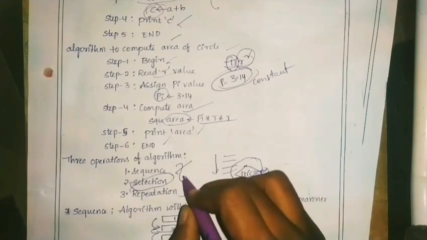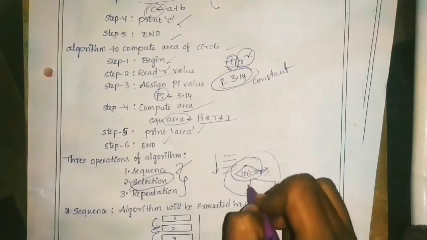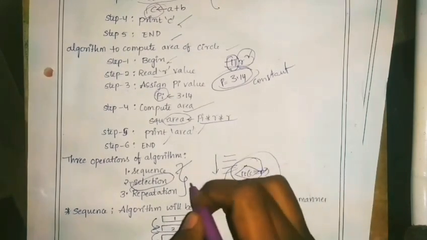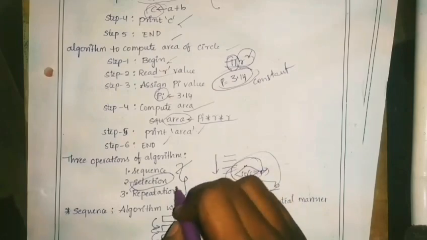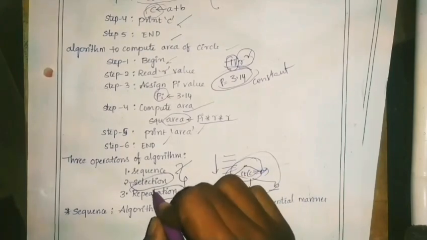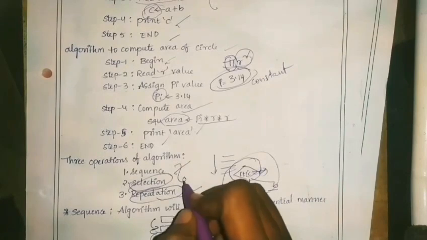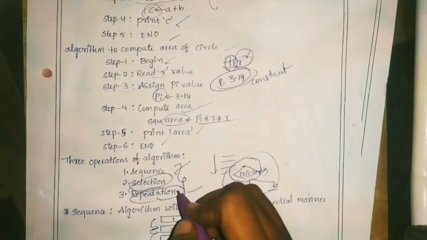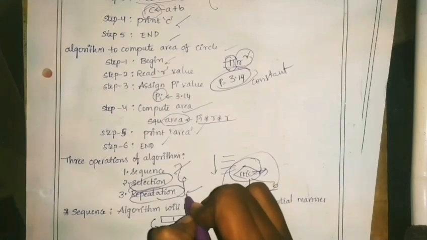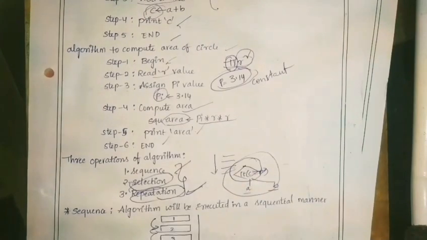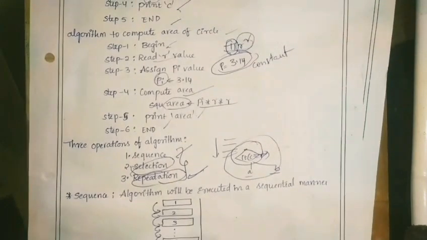This is the selection operation. Next, repetition means we have to perform the same task many times, repeatedly, so we use repetition. Let's discuss one by one.